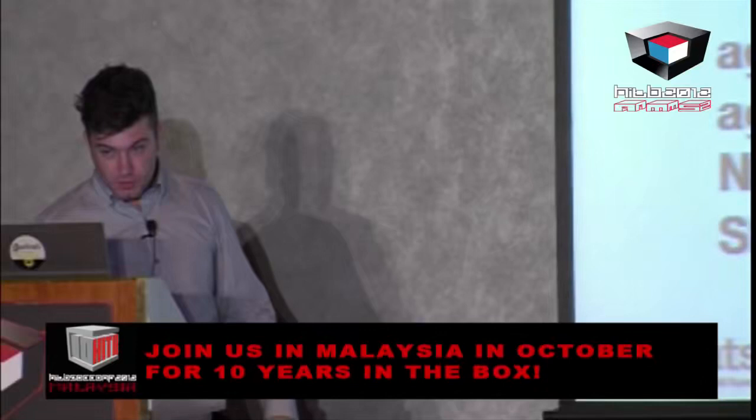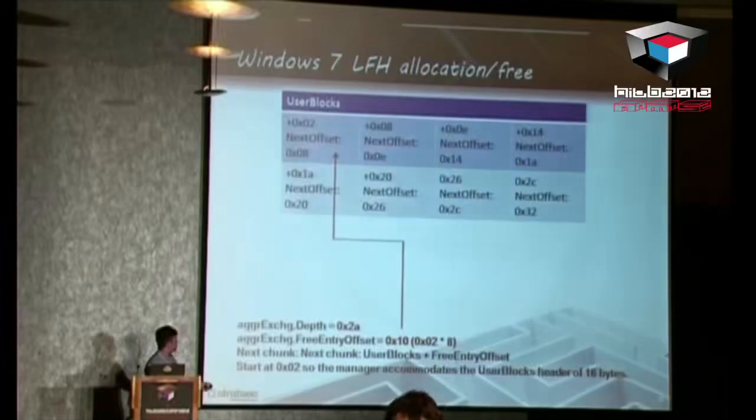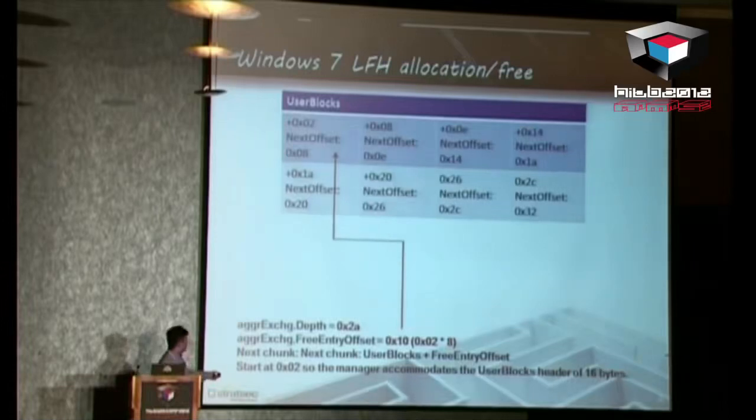So this is essentially how it's working. You've got the chunks to be allocated. You've got a free entry offset down here that points to the first chunk. The free entry offset is calculated by using the next offset, or the offset to the chunk, and then multiplying it by 8. And if you do user blocks plus this value, it will actually equal that chunk there.